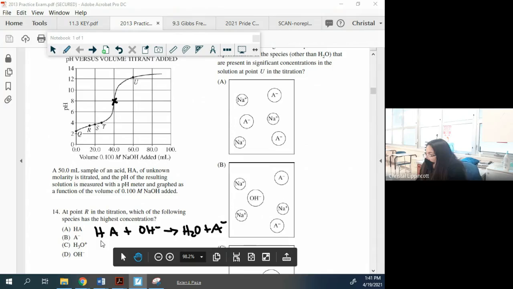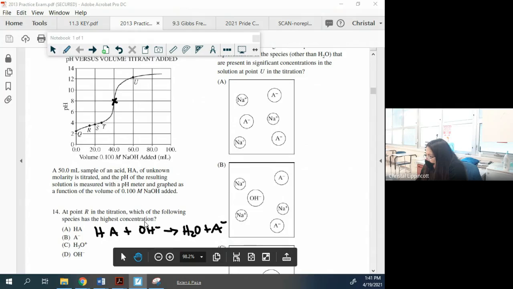At my equivalence point, I've used up all of this stuff, and I'm just at water and some of this stuff. So that means here I've got more of this than any of this other stuff, because once this hits this, he forms into that.